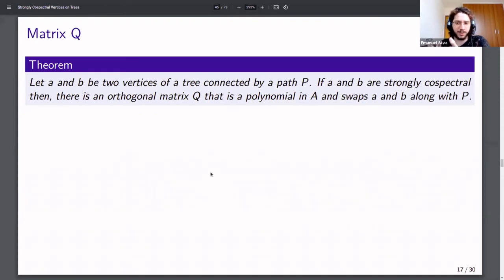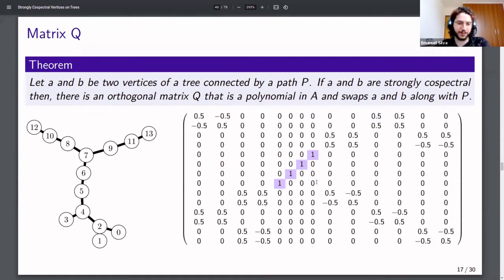Is Q also going to map X to Y? If we have this construction, there is going to be a matrix Q, polynomial in A, that swaps A and B, but also the vertices of the path.